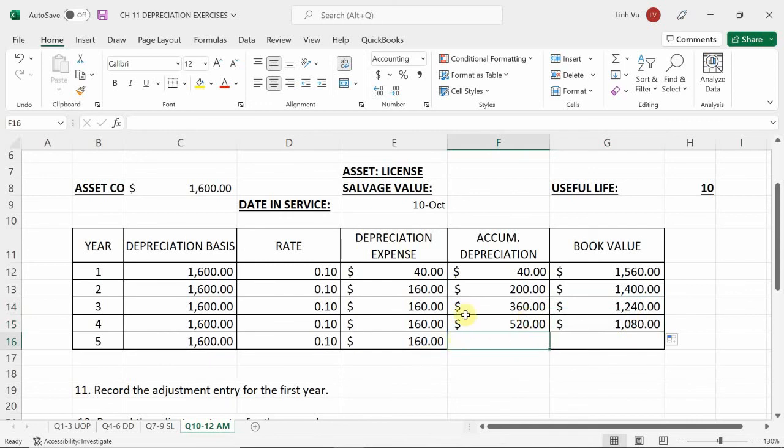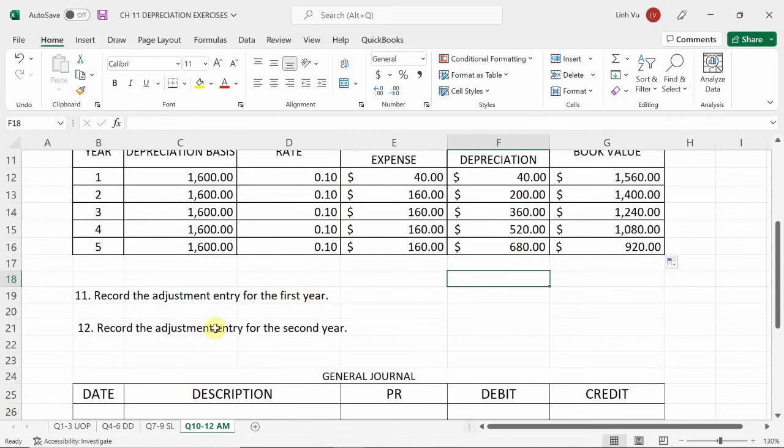Last one, I'm not going to make you do all 10 years because it's all going to be the same. 680. Right? 680. Book value: 920. Good.